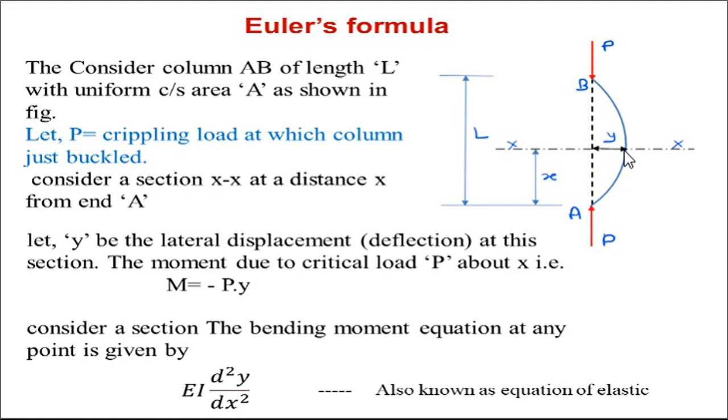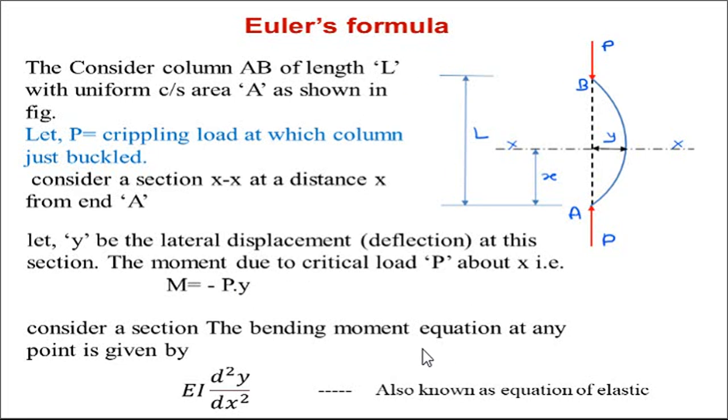So you can determine the moment about x as capital M equal to minus P into y. P is the crippling load multiplied by the perpendicular distance y, and because this is anticlockwise, we have taken the minus. So minus Py is the moment acting about x.